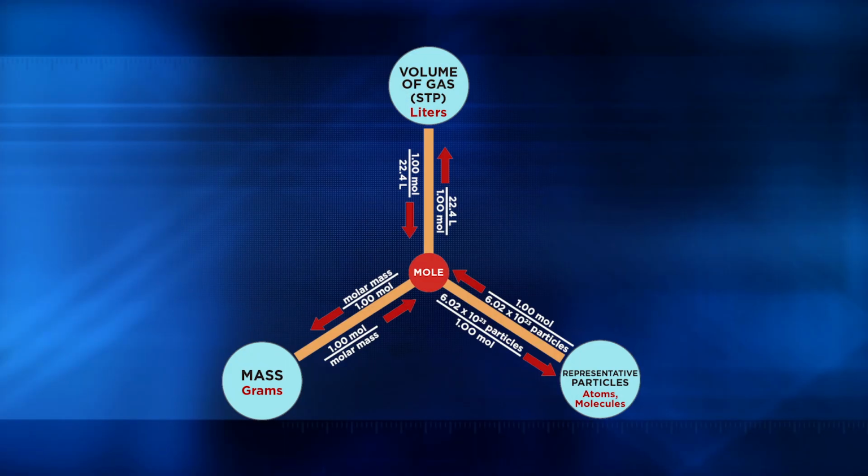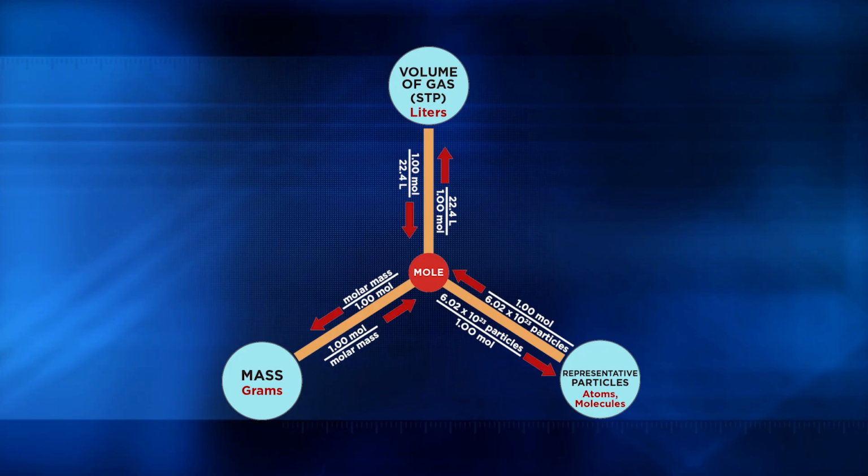We'll take a step-by-step approach to learn how it is possible to relate number of atoms, mass, and volume, all by using the concept of the mole. As we learn these steps, keep your eyes open for this graphic organizer, which will appear on screen when we start mole calculations.